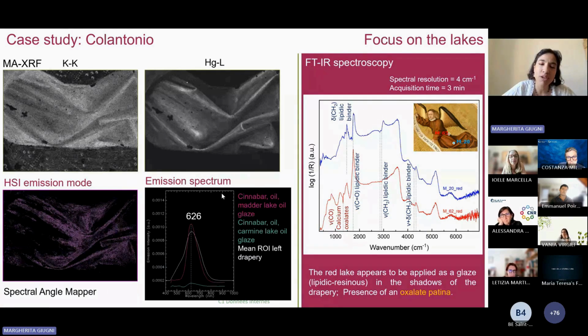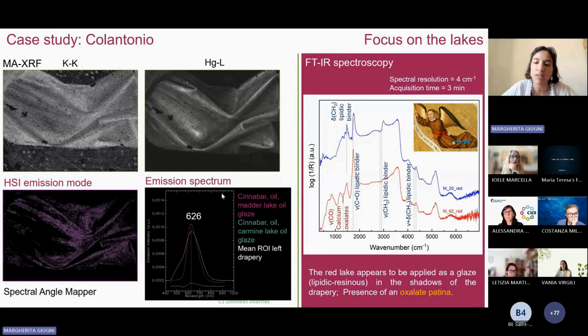While the potassium map is giving an indirect marker of a possible presence of an organic lake, the hyperspectral imaging is mapping the contribution of this possible anthraquinonic red lake, giving a good comparison with the emission of a glaze of madder lake in oil, covering an underlayer of cinnabar in oil. This is a mock-up that we purposely prepared. FTIR, on the other side, is indicating an oil-resin binder for the glazing, and this point is also showing an oxalate patina.